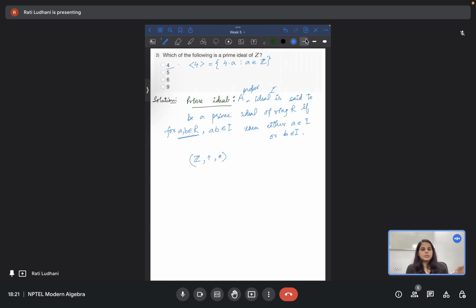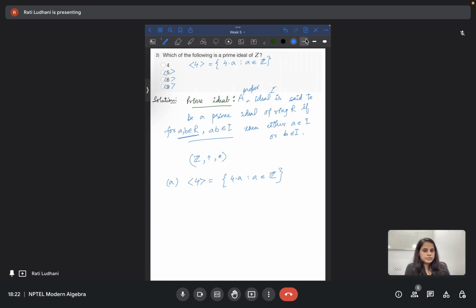So you have all the multiples of 4 in your ideal. Similarly in this, similarly in this. Okay, so let's see what is happening. So for 4, the ideal this. Can you give me an example of such kind, whether this is happening here or not?